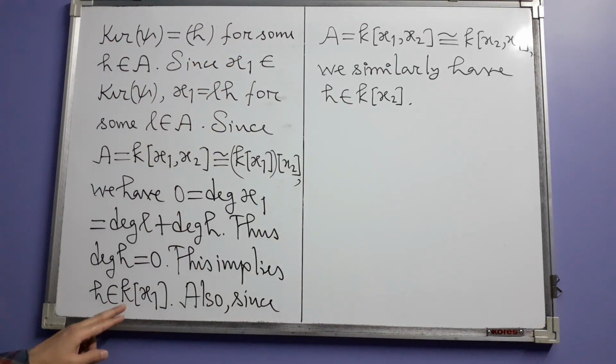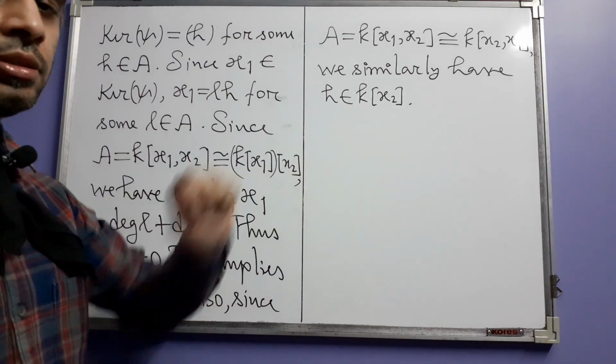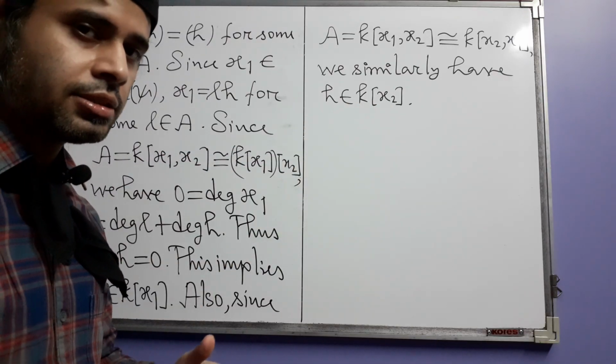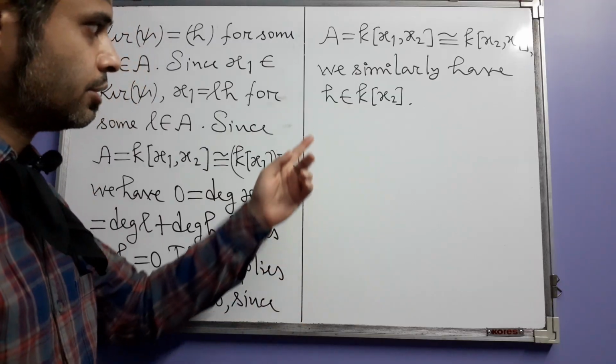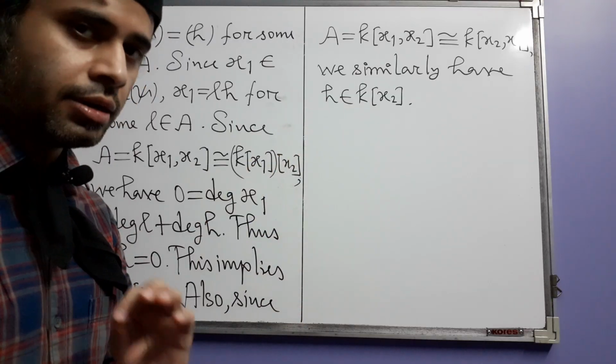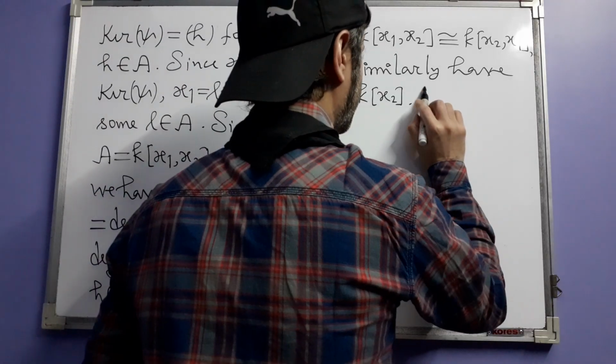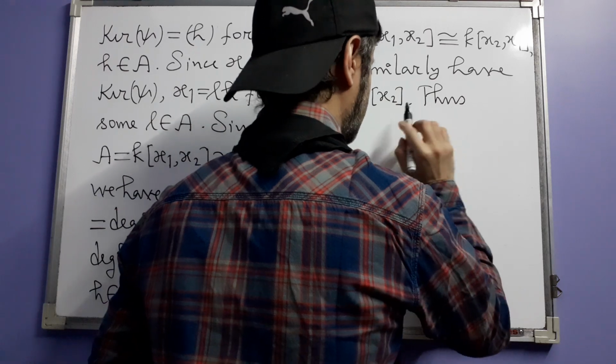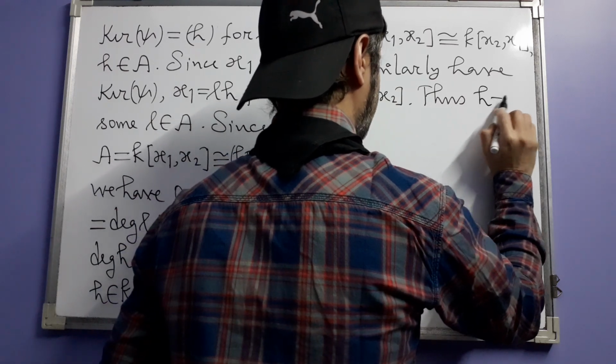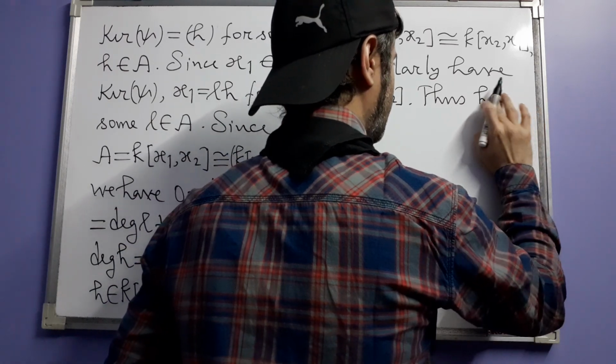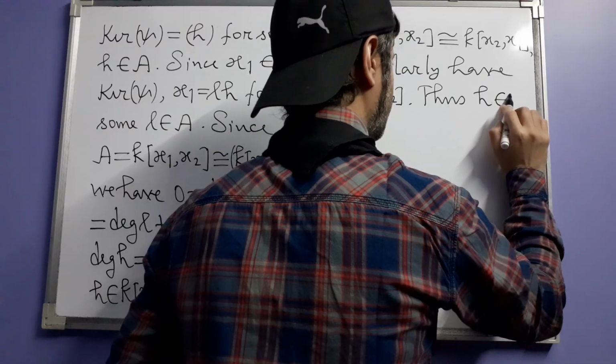That means on one hand we are saying that in the expression for H there is no x2, and this one tells that there is no x1. So actually there is neither x1 nor x2. So H then has to be a field element. It really is now a constant. H belongs to k.